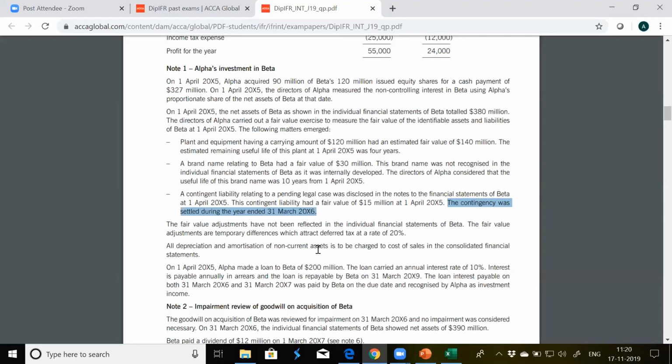Apart from this, there is one more contingent consideration, which is used when fair value of consideration is calculated. The seller gives a very rosy picture to the buyer that our profits will be this much, the firm is going to grow 10x in the next 5 years, or it is going to grow 3x.